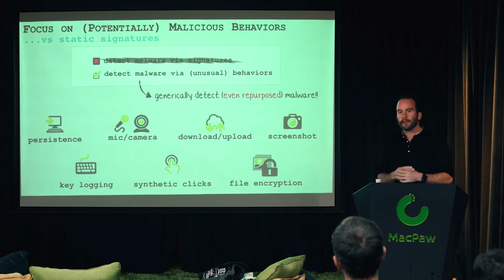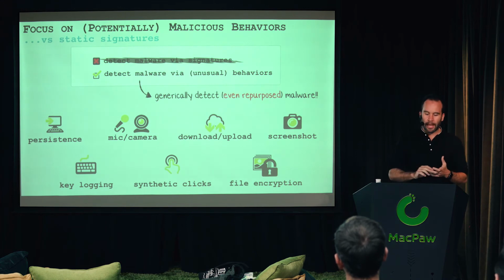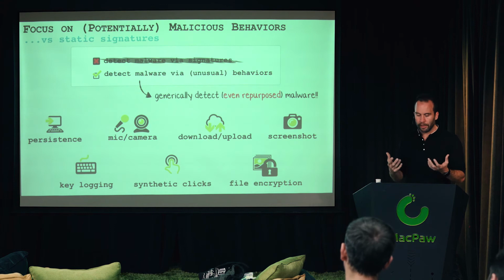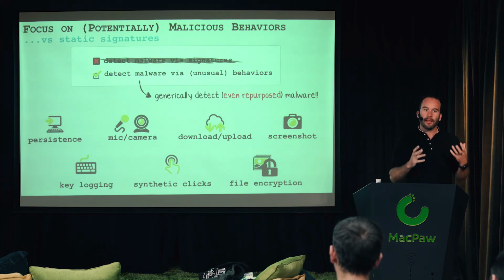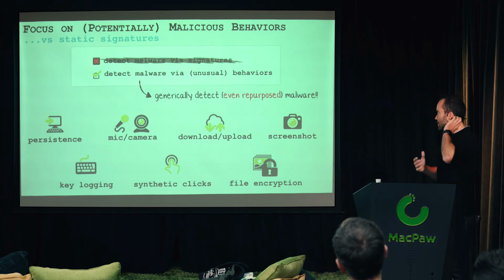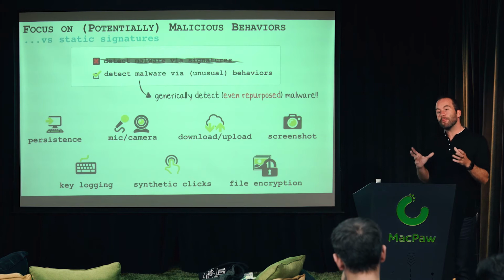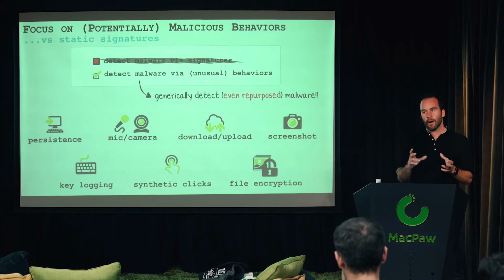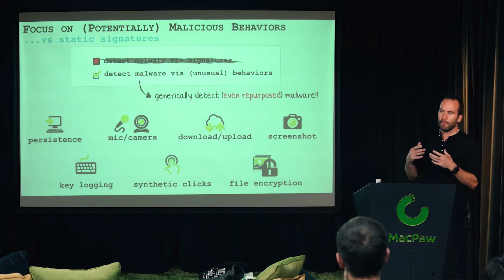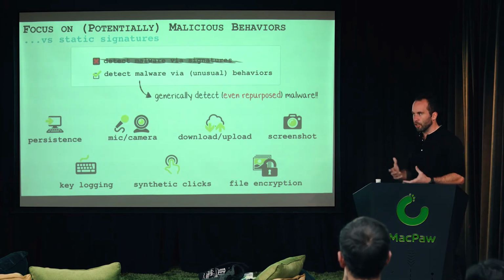So what I think is a better approach is looking for the unusual or malicious behavior, because by definition, malware is going to do abnormal or malicious things. So let's leverage this fact with the goal of generically detecting these repurposed macOS threats. Because again, even if an attacker has gotten a piece of malware and repurposed it, we're not changing the functionality.